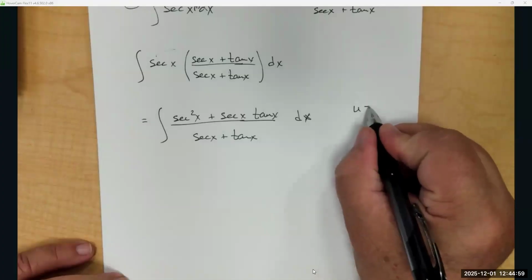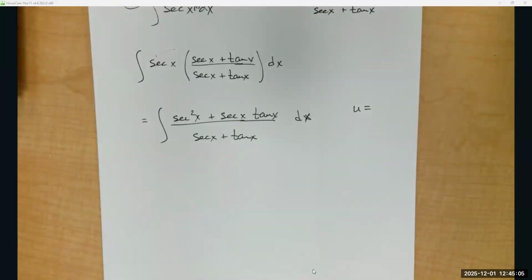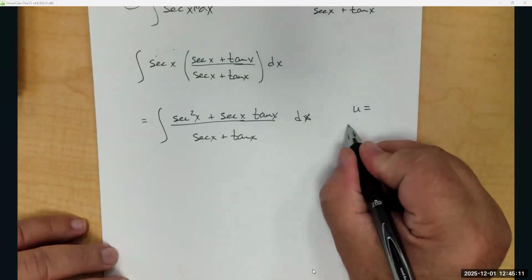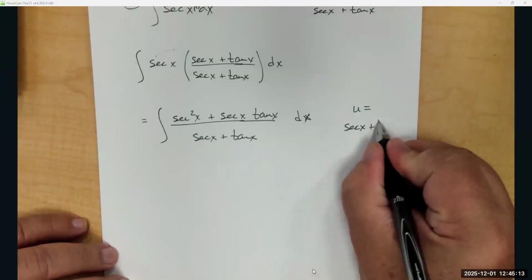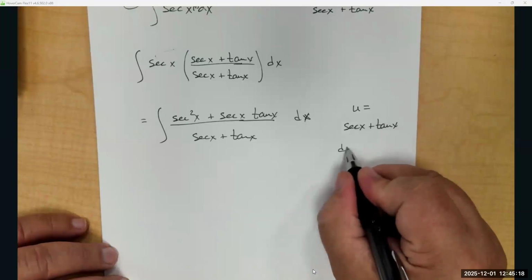So what's our u? From the last couple of examples, where was our u usually located? On the bottom. So if that's our u, what's our du?